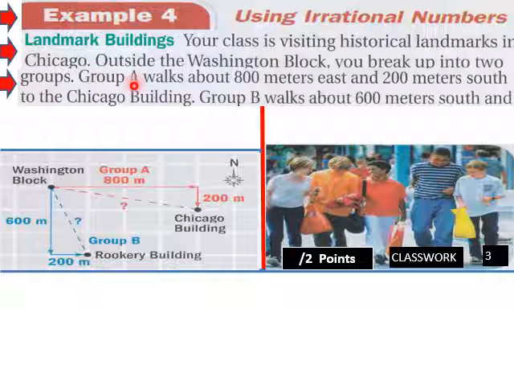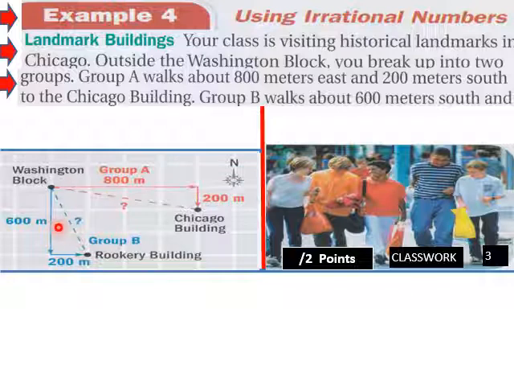Group A walks 800 meters east, and 200 meters south to the Chicago building. Here's the Chicago building.